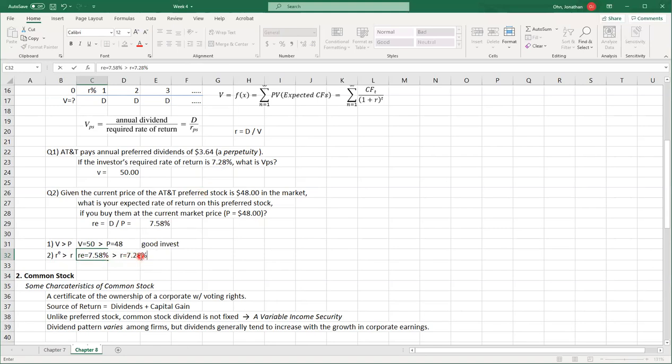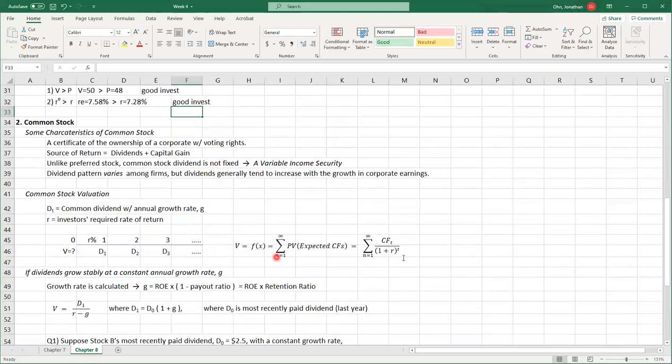So your expected return when you buy at the current market price is higher than your required return. That's why this is a good investment. So there are two ways: one is to compare the intrinsic value and the current market price, and the second is to compare the expected rate of return and the required rate of return. This is how to do it.